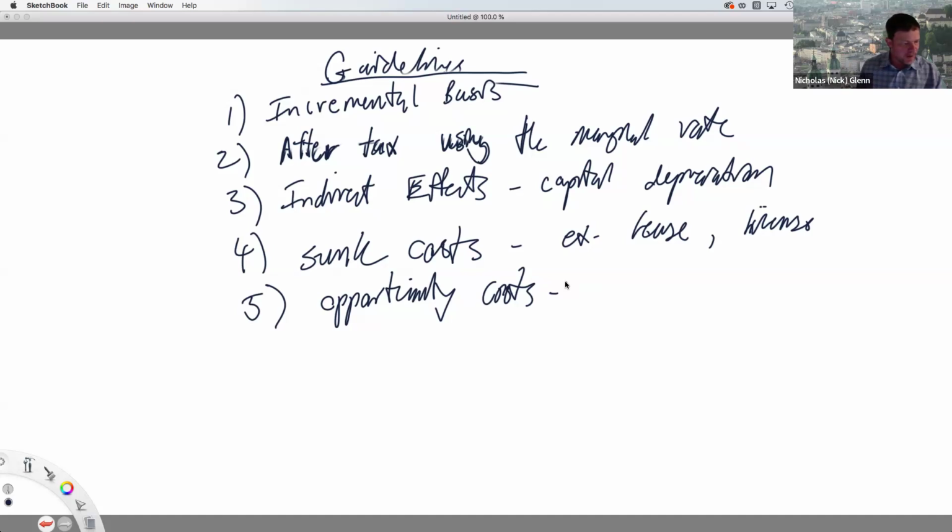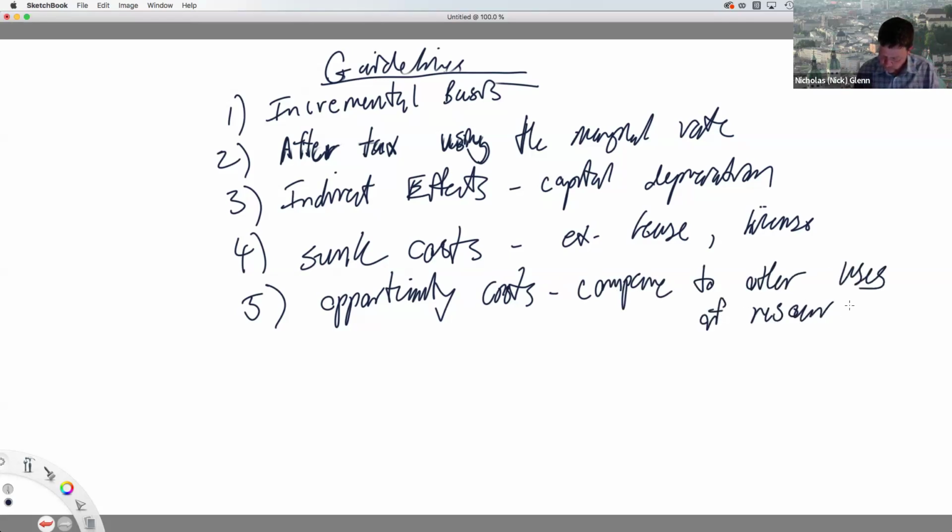You got to compare these potential other uses of these resources that you have, right? Okay. I have this warehouse space. I can use it with my business, but maybe I don't have to necessarily use it.